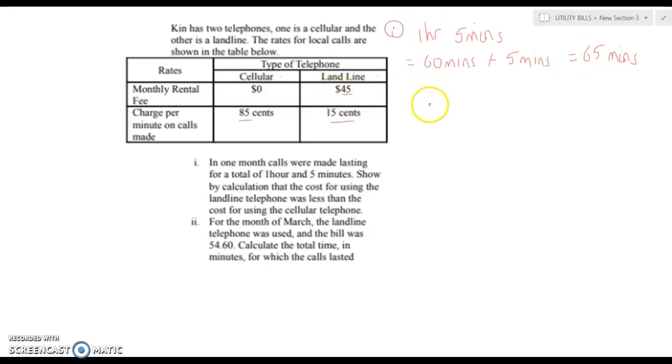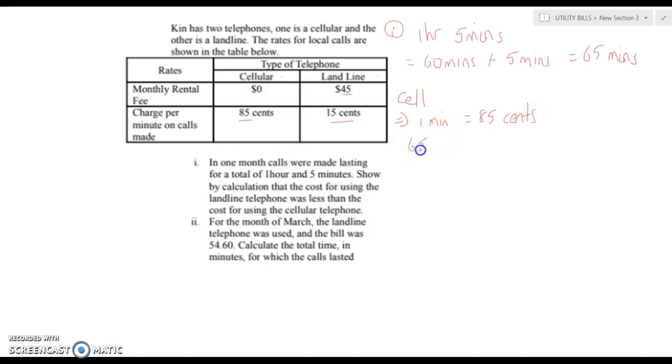They want to show by calculation that the cost of using a landline is less than using the cell phone. So let's work out for the cell phone first. For the cell, there's no monthly rental fee, but your charge for every 1 minute is 85 cents. So 1 minute is equal to 85 cents.